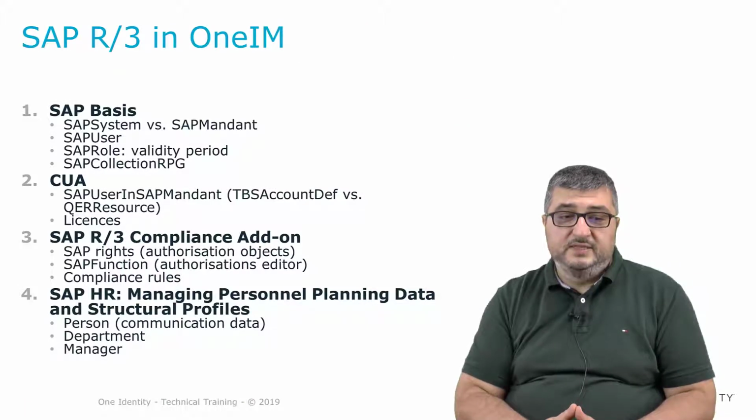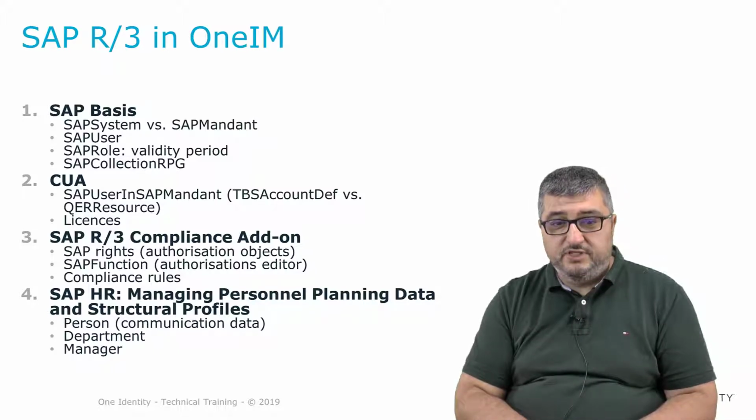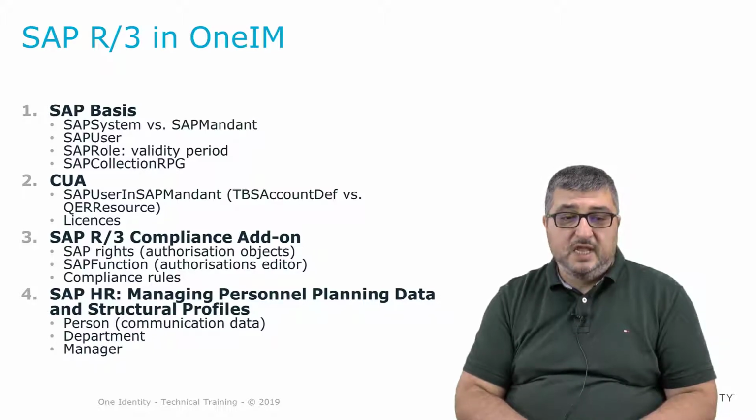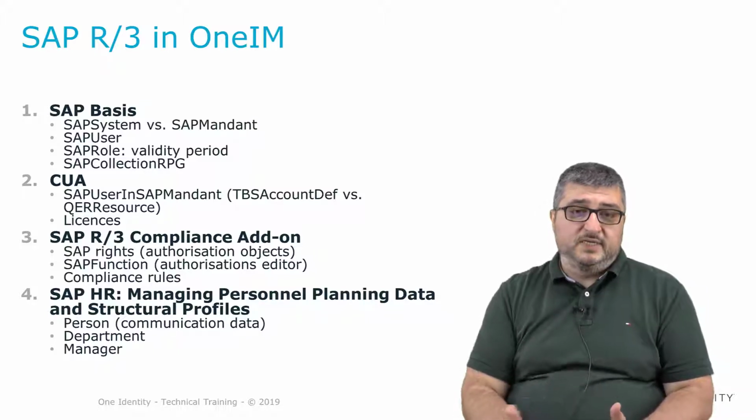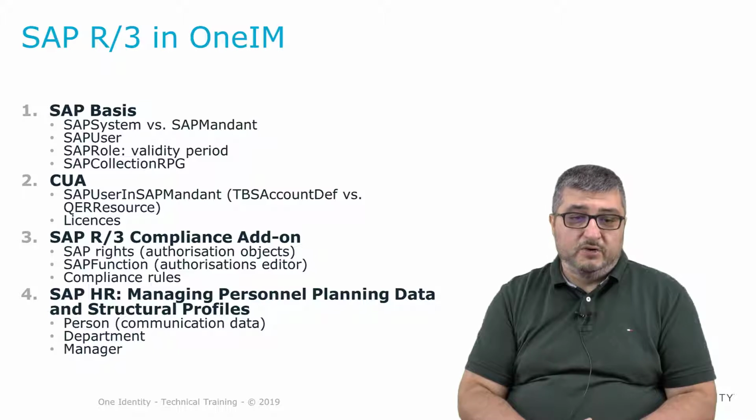Now, what is available in these specific modules? The SAP Basis module contains procedures and synchronization configurations, as well as One Identity Manager internal databases. As you can see, the SAP Basis module has specific database tables that are relevant only for the SAP Basis add-on of the SAP connector.